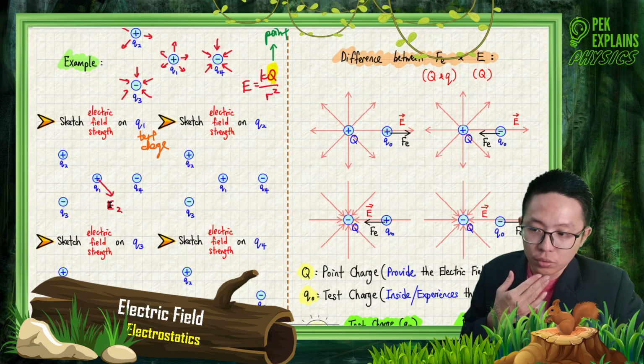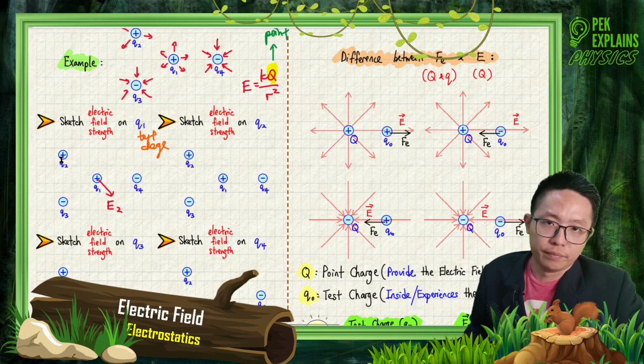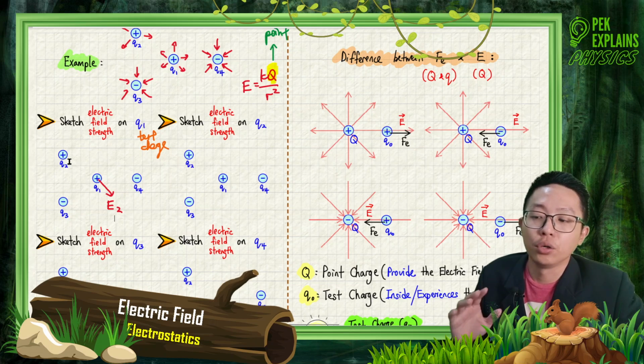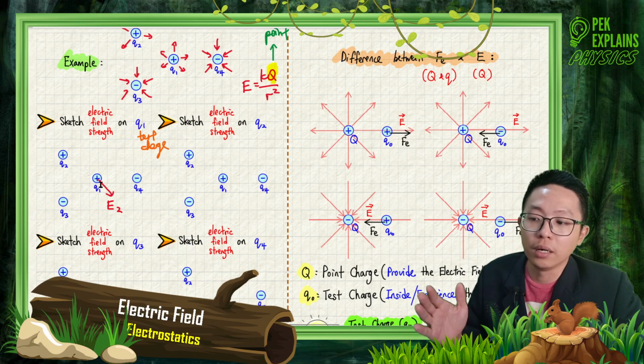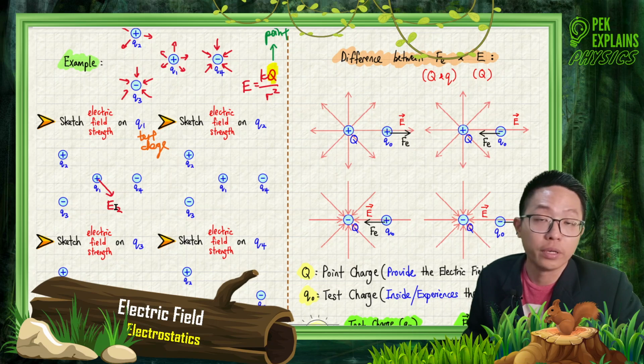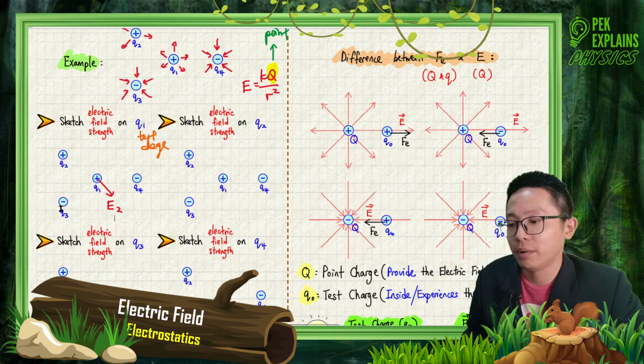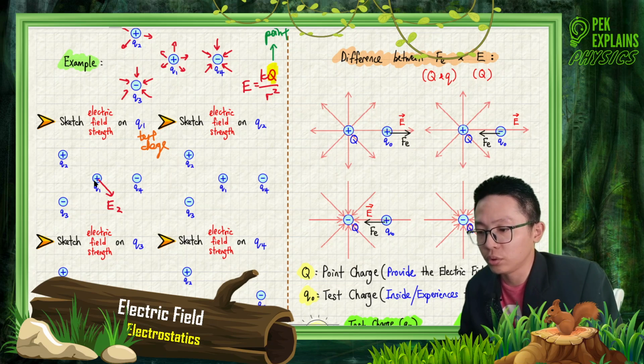When I draw E2, I only look at Q2, not Q1, because I am only interested in the electric field of Q2. Q2 is positive, so it goes outward; at the position of Q1 it is going away from Q2. Now, how about Q3? Q3 is going inward, so E3 is going towards Q3. This is E3.